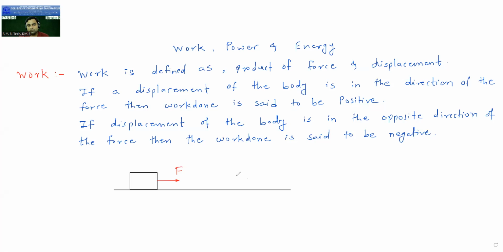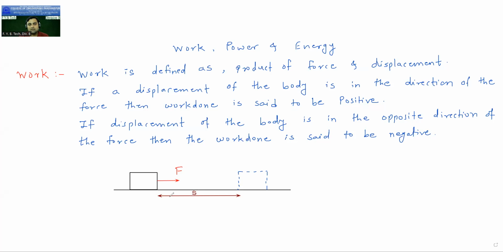Suppose the body is moved up to this distance. Now this is the current position of the body, and the displacement of the body is S.